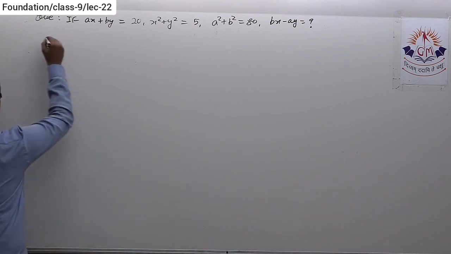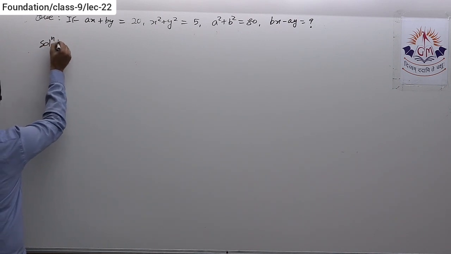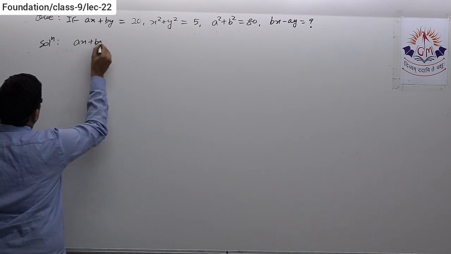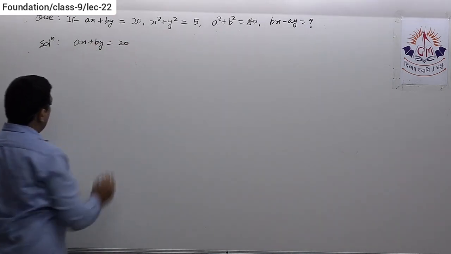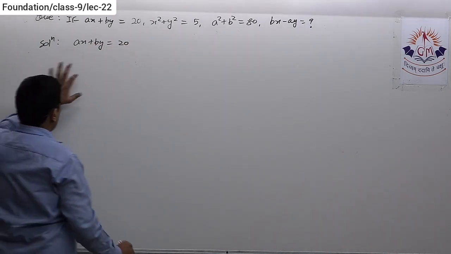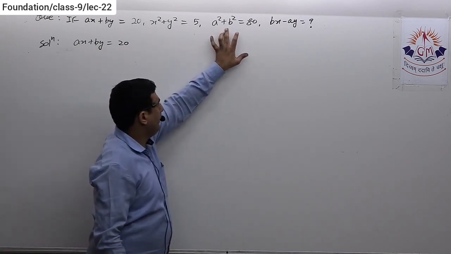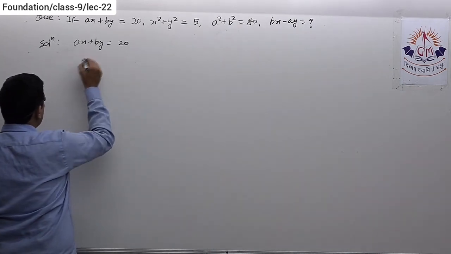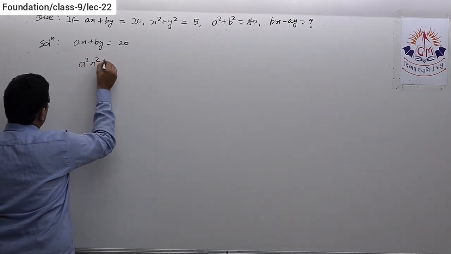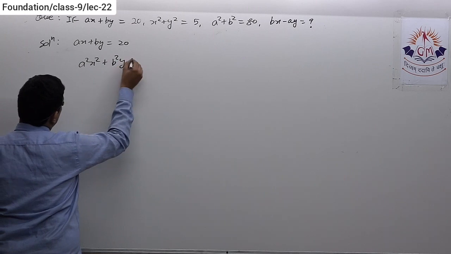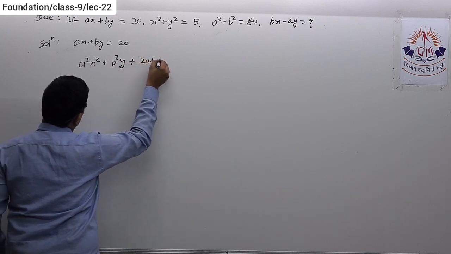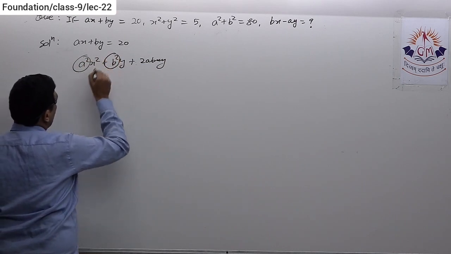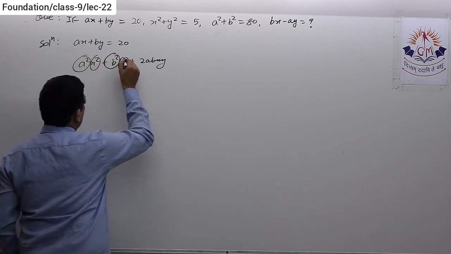Okay, let us see how to solve this. See, we have ax plus by is equal to 20. So if I simply square it, anyhow I have a square, b square as well as x square, y square. So just by squaring this, what I am going to get, a square x square plus b square y square plus 2abxy. So again a square plus b square I have, x square plus y square I have.